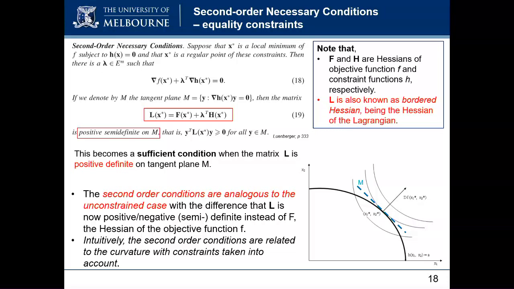Of course, the second order necessary conditions are also important. First order conditions do not tell you whether it is the maximum or the minimum. You need to look at the curvature of the objective, and now together with the constraints taken into account. So if I write the first order condition, let me write it this way: lambda 1 gradient h1 plus lambda 2 gradient h2, and so on.